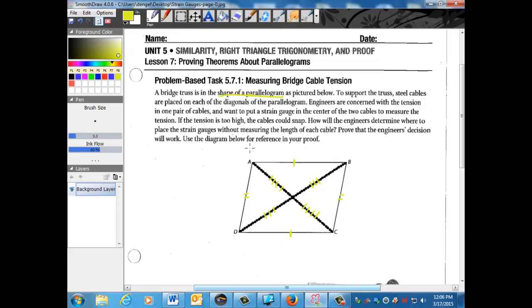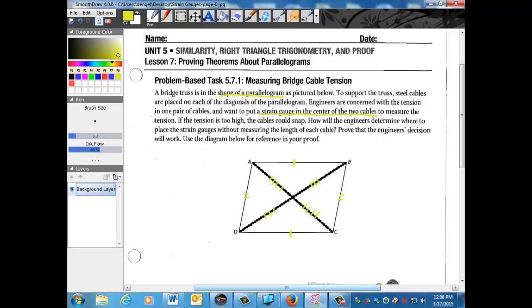Think of these diagonals as steel cables. Then engineers are concerned with the tension in one pair of cables and want to put a strain gauge in the center of the two cables. All right, well, that's huge too. Let's underline that.